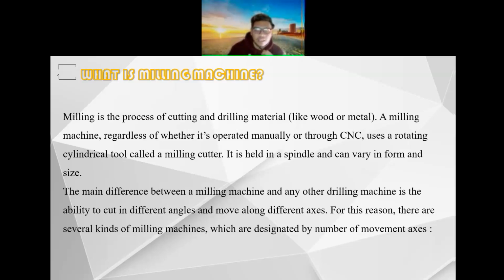It is held in a spindle and can vary in form and size. The main difference between a milling machine and any other drilling machine is the ability to cut at different angles and move along different axes. For this reason, there are several kinds of milling machines, which are designed by number of movement axes.